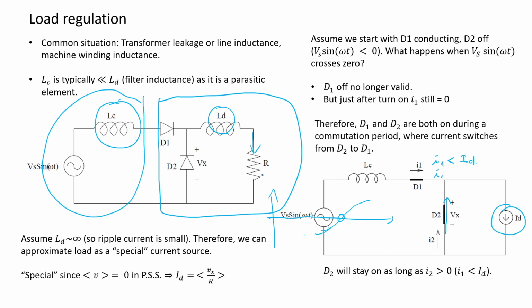Then because I1 plus I2 has to be equal to ID, it means I2 has to be positive, which means D2 has to be on, must be on actually. D2 must be on, then it means during this period of time, VH is still zero. If VH is still zero, it means you don't get power to your load.